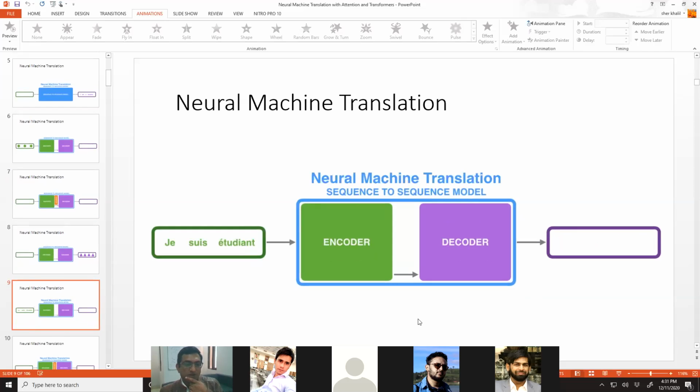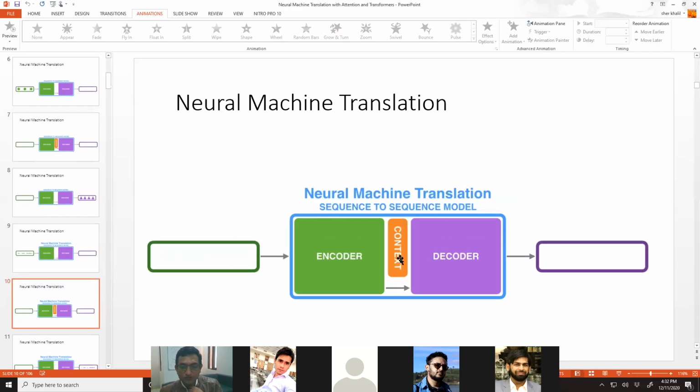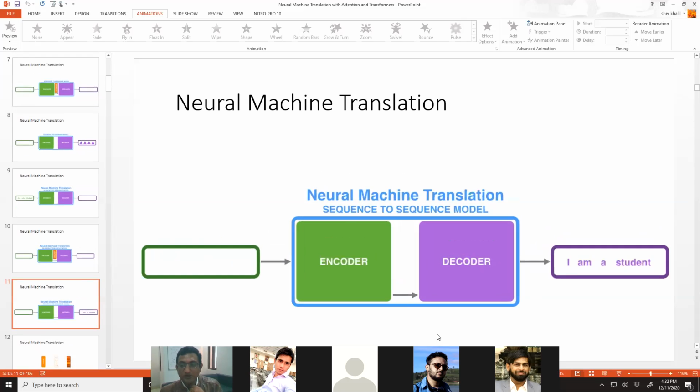So say for example, if I have this sentence in French and want to translate it into English, first you need to convert it into a context vector, right? So we will have a context vector here, then the decoder will translate it. You can see I am a student, it has been converted. So the whole thing that we need to understand is how a context vector is created from the source sequence by the encoder, and how the destination sentence is created from the context vector by the decoder, right?